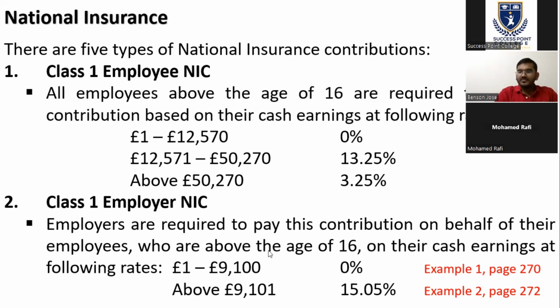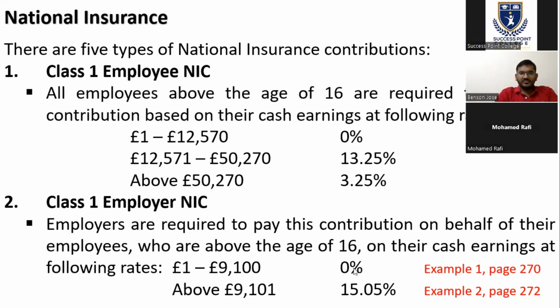So if the employee's salary is 60,000, apart from class 1 employee NIC, class 1 employer NIC is also to be submitted to the NIC contribution. And how much is that? Up to 9,100, nothing; above 9,100, it is 15.05%.